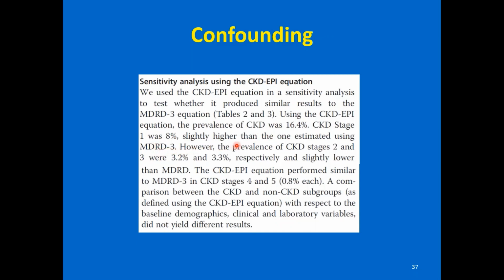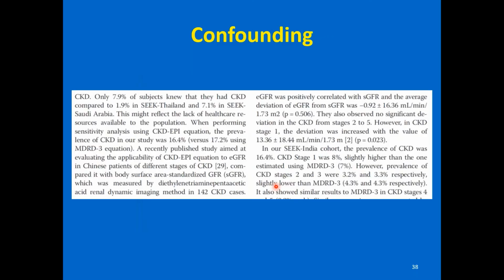However, the prevalence of CKD stages 2 and 3 were 3.2 and 3.3 respectively. And the CKD-EPI equation performed similarly to MDRD in CKD stages 4 and 5. I'm going to pass on that.